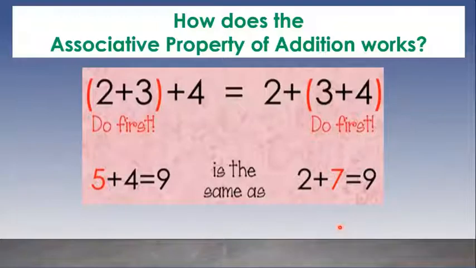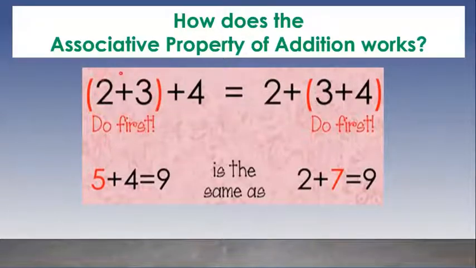How does the associative property of addition work? Well, here, boys and girls, we have parentheses 2 plus 3 plus 4 equals 2 plus parentheses 3 plus 4. We always do what is inside the parentheses first.